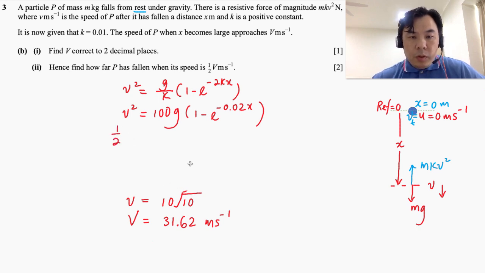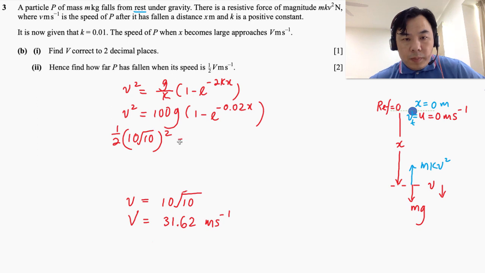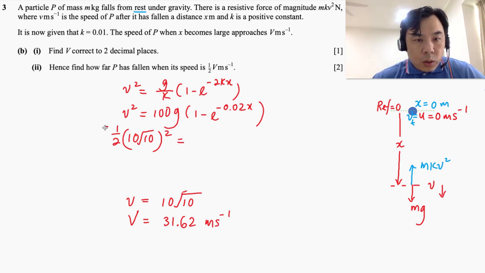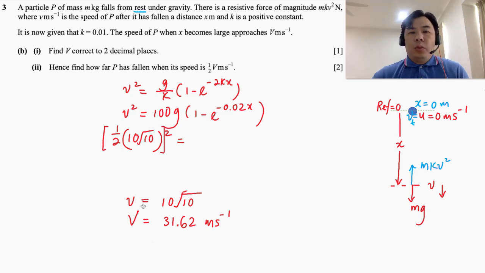So maybe for a complete answer, we will write it down as 10 subscript 10 here if you want. Basically, this is just 100 G to be precise. Just to be sure, this is the square of the whole of half of V.